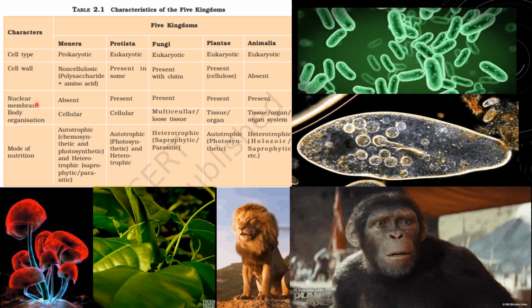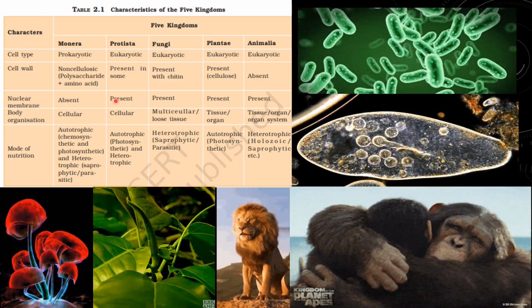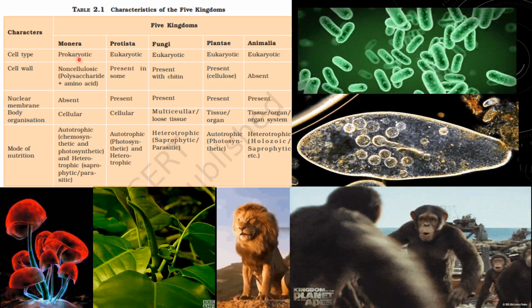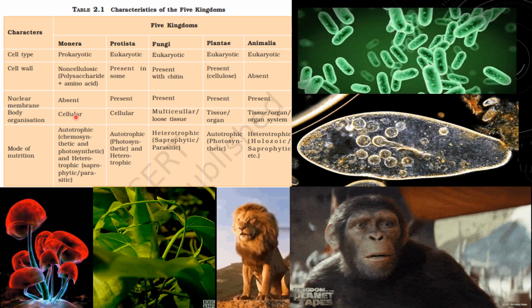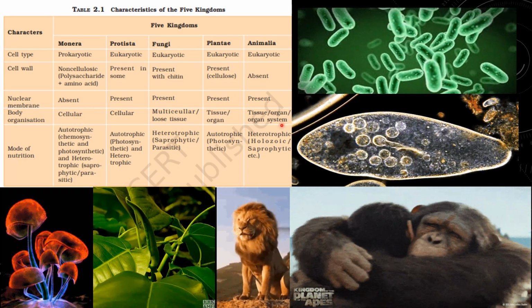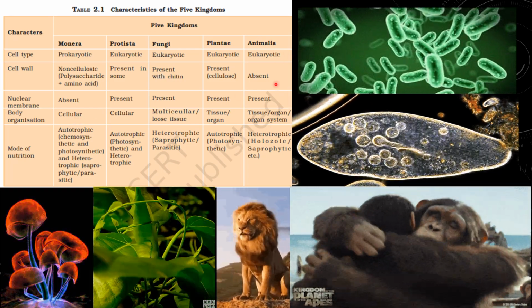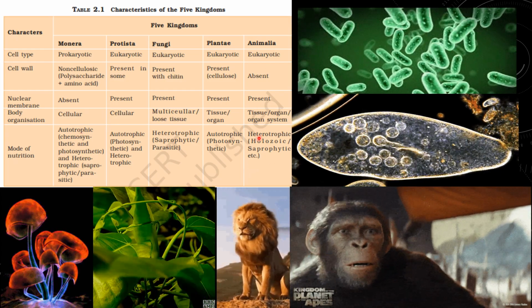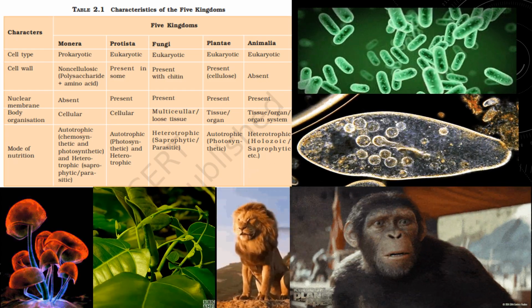There is a nuclear membrane in all kingdoms from Protista to Animalia, except Monera. Body organization ranges from cellular to organ system in Animalia, and the mode of nutrition includes autotrophic to heterotrophic in Animalia.